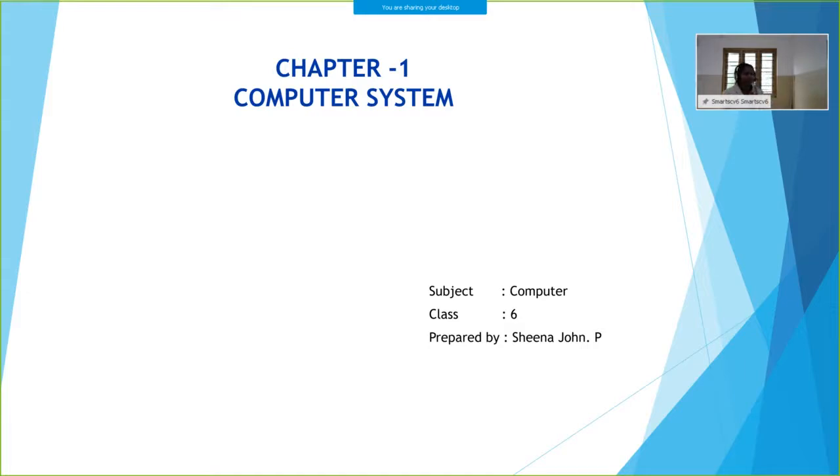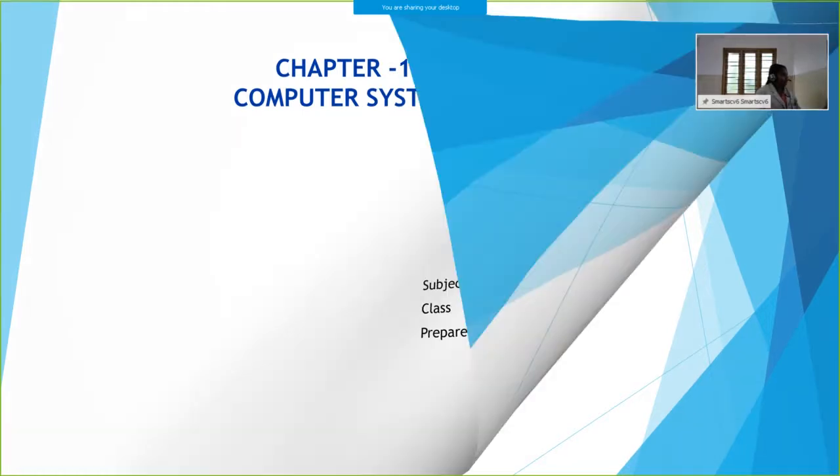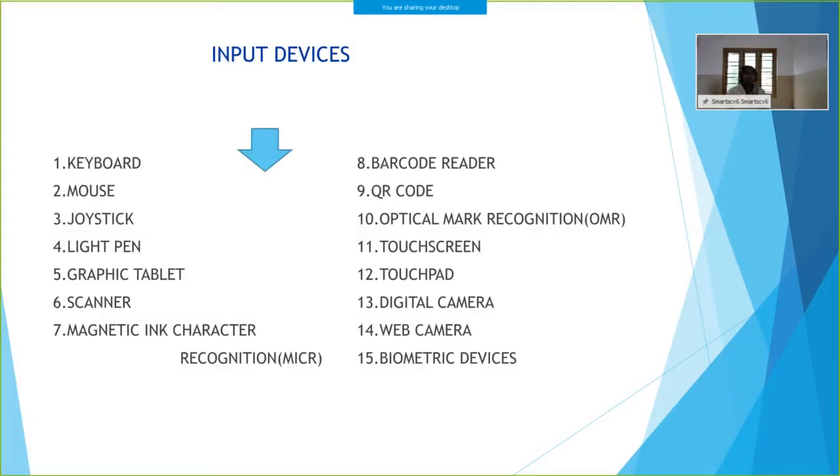Okay. In the previous class, you learned about many input devices. In your textbook, there are 15 input devices: keyboard, mouse, joystick, light pen, graphic tablet, scanner, magnetic ink character recognition or MICR, barcode reader, QR code, optical mark recognition or OMR, touch screen, touchpad, digital camera, web camera and biometric devices.